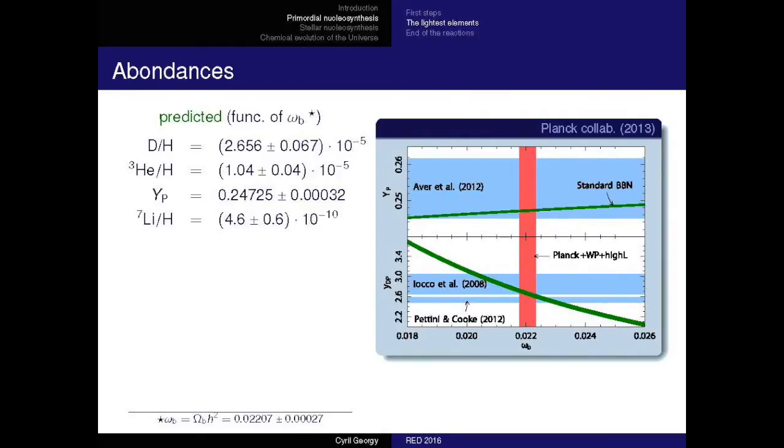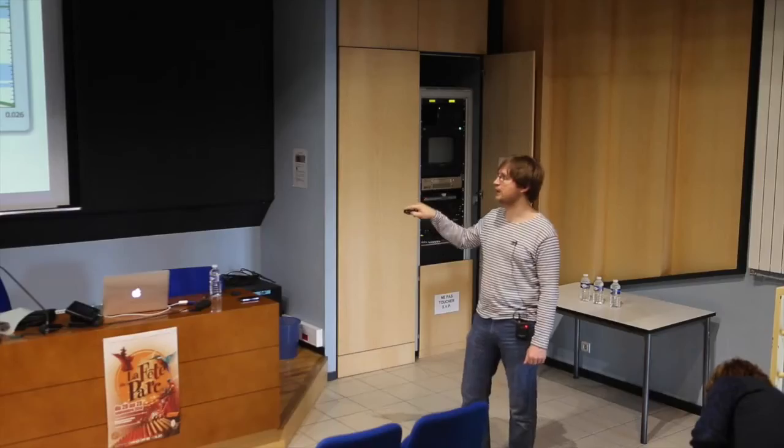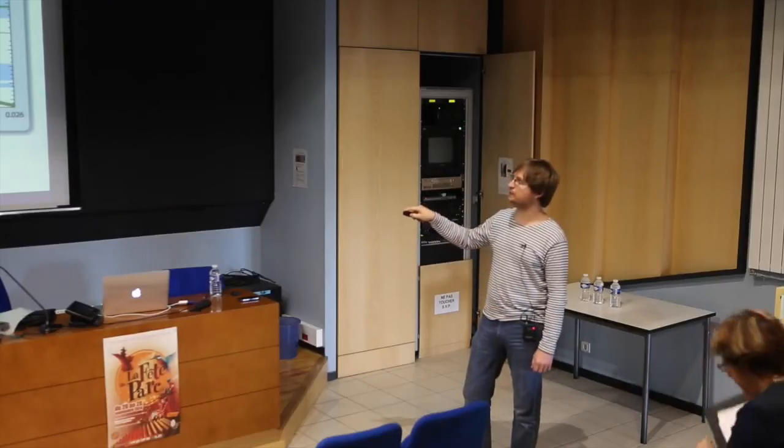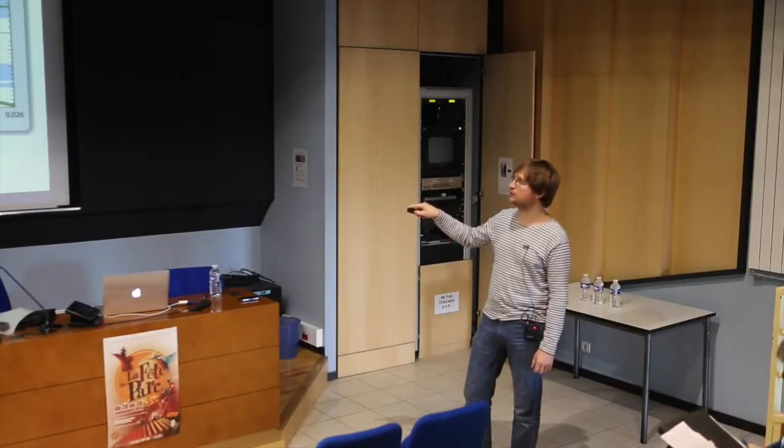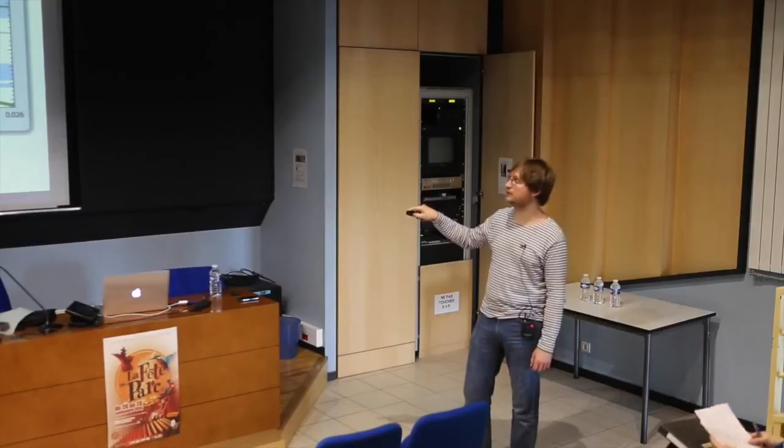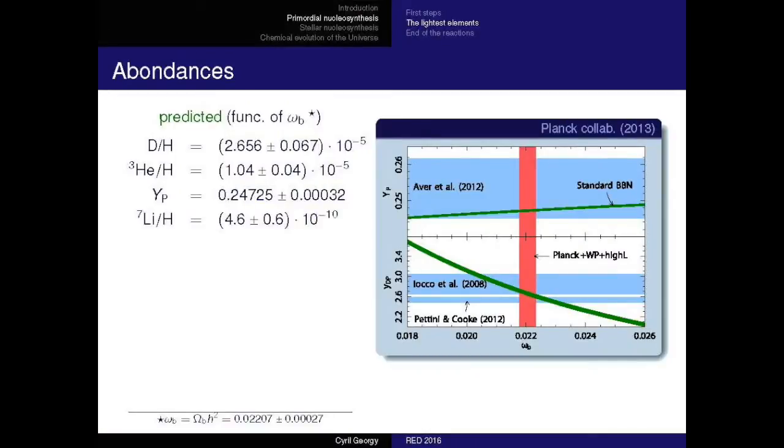So basically, you have these numbers for the ratio of deuterium to hydrogen, helium-3 to hydrogen, lithium-7 to hydrogen, and this mass fraction of helium. Usually in astronomy, we mark the helium as a Y. So at the end, you expect roughly 25% in mass of helium, and the rest is mostly hydrogen, because these fractions are very small.